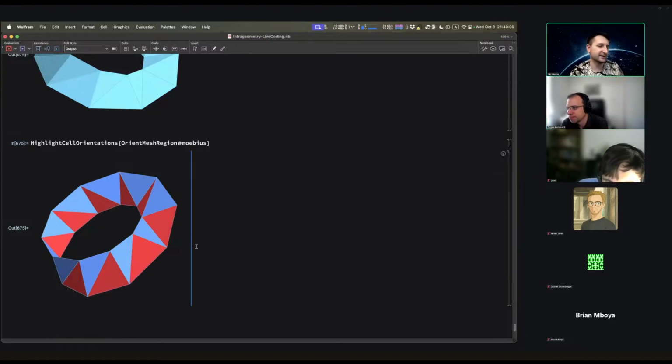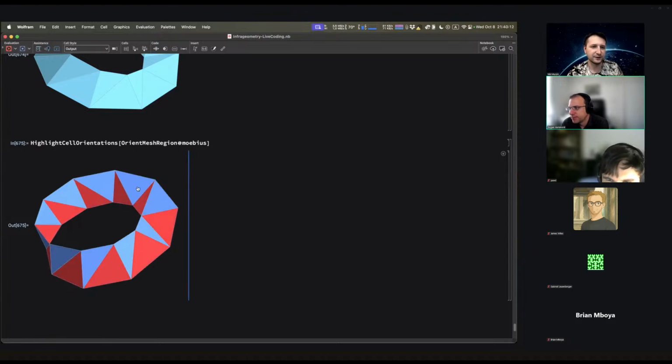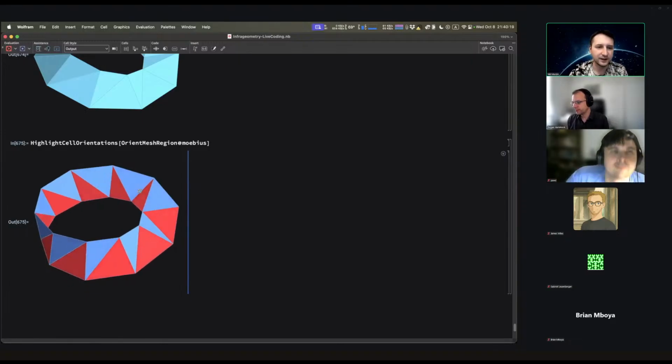Well, there is some confusion. I think this is the orientation of each face, right? And in a way, you can orient it locally, so there's a notion of local orientability, I guess, that you can connect two faces so that they have opposite orientation. And you can do it even for this non-globally orientable surface.